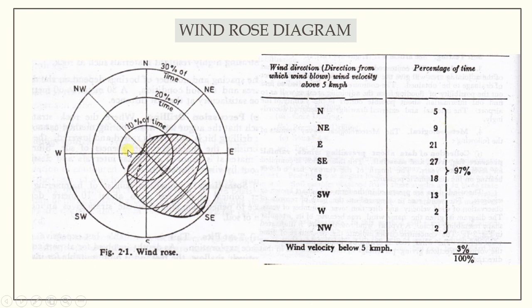For north it is 9, so here it is 10, it is just approximately taken, or maybe correct, because this is a cut image that I pasted on the presentation, but it is more or less exactly equal to it. When we see the eastwards, it is 21%, so this is 20, slightly above this. And if you close all these diagrams, you are going to get the shape of a rose.